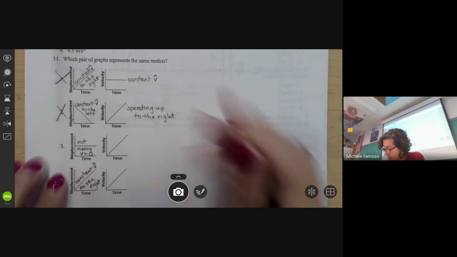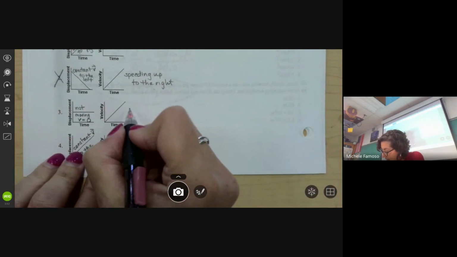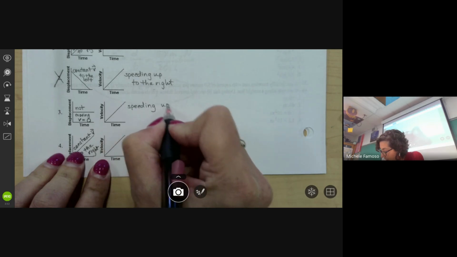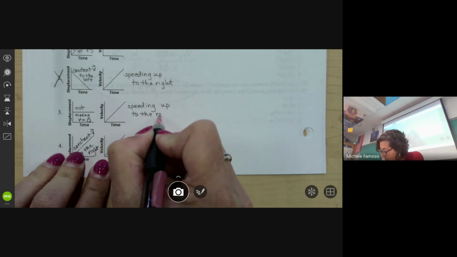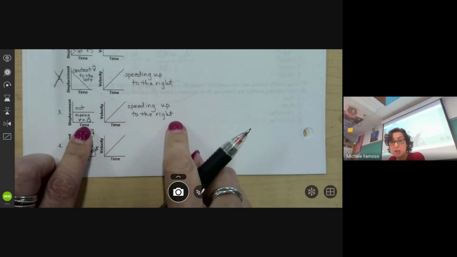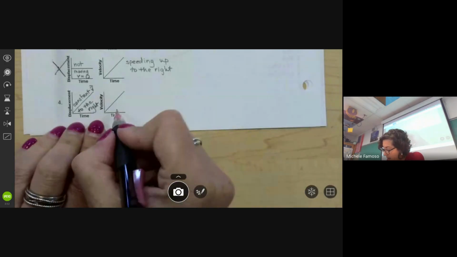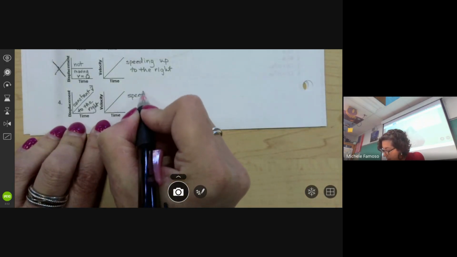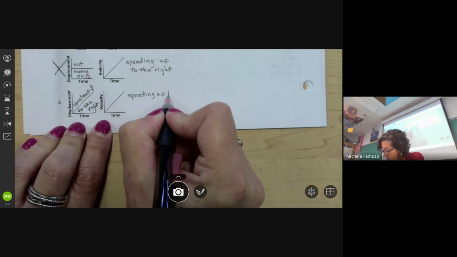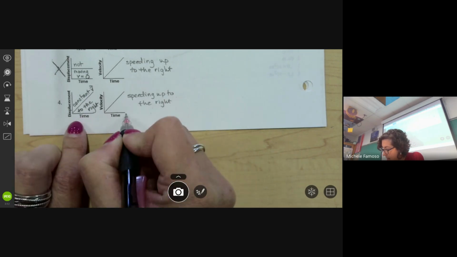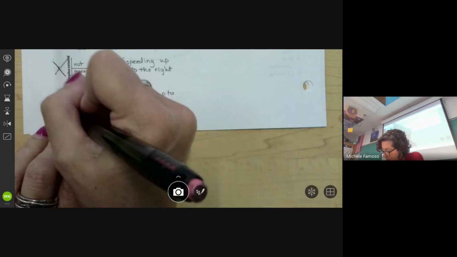Nope. Graph 3, this velocity is the same as the one we saw in diagram 2. This is speeding up to the right. Matching descriptions? Nope. Graph 4, this is also speeding up to the right. Do these match? Nope.